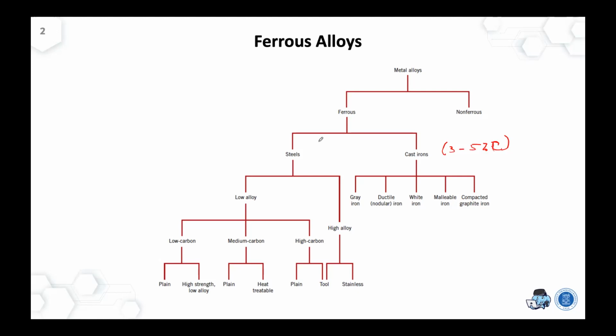Below that is called hypoeutectoid, for example 0.2, and higher than 0.76 is considered a hypereutectoid steel.